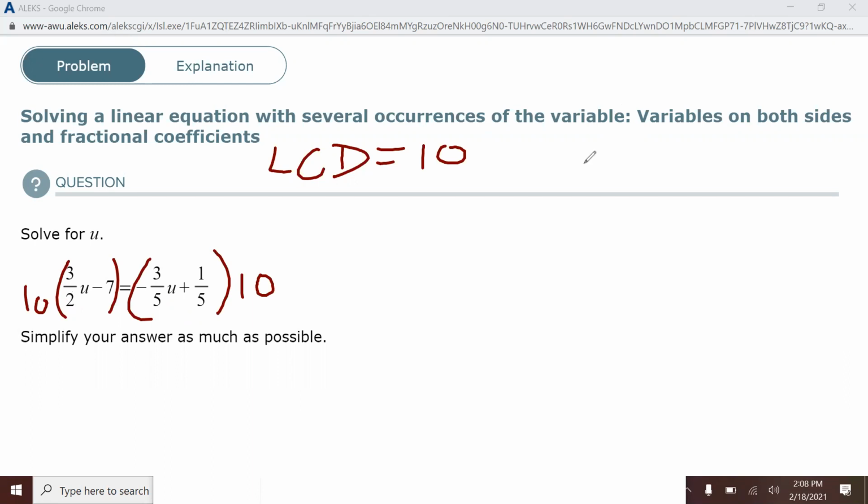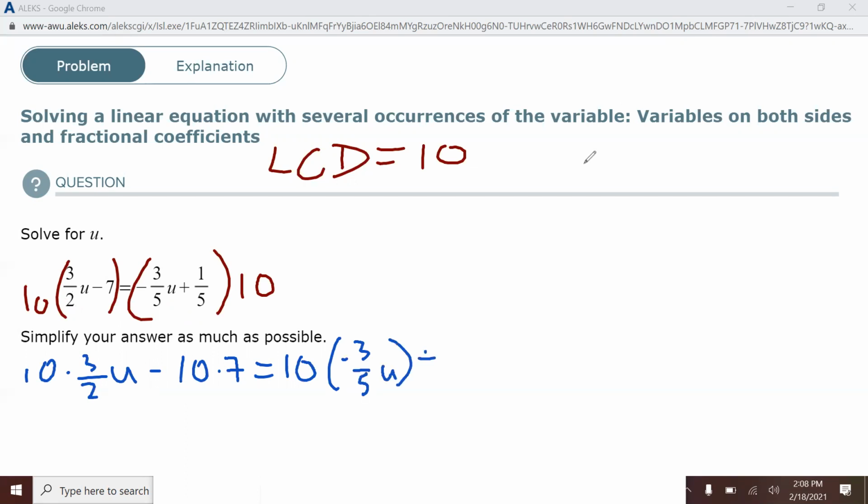And this yields 10 times 3 halves u minus 10 times 7 equals 10 times negative 3/5 u plus 10 times 1/5. Just like on the last problem, at this point, all the denominators should cancel. The 2's cancel there.